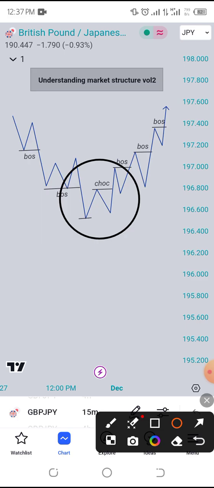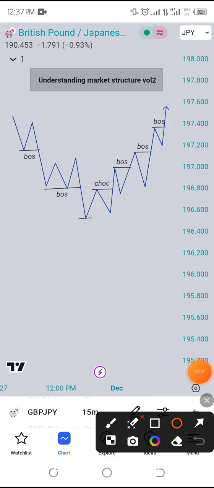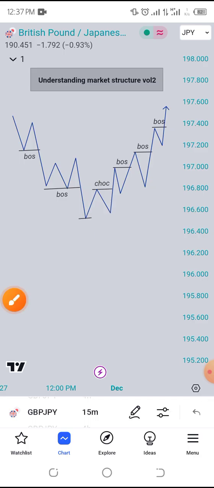We call it a double bottom because a double bottom actually formed, as the name implied. This is the bottom, first leg, second leg, okay? And this right here is your neckline. So the break of this neckline to the upside is what we know as a change of character. Easy peasy.